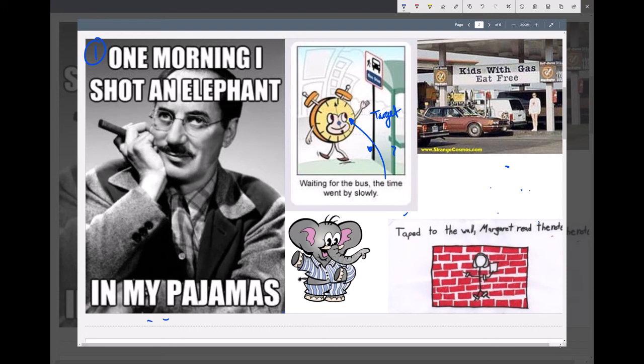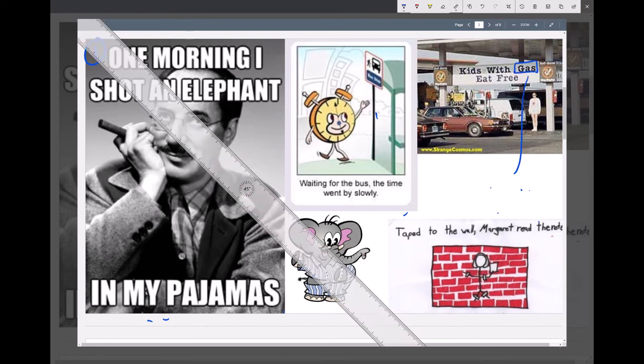So the third one here. You may or may not know gas can mean gasoline or petrol, something you put in your car to make it run, or gas as in like farting. So if we use the second meaning for gas, then let's say this person here was a kid. Well, if the kid is farting, then that kid can eat for free.